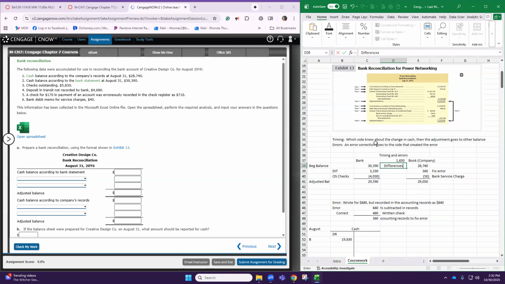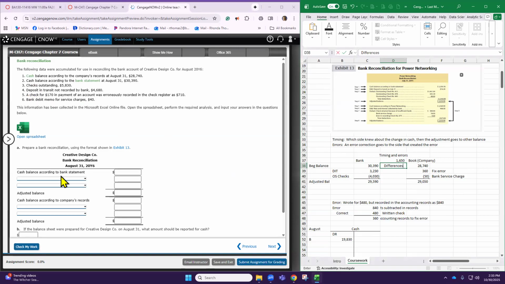Timing: which side knew of the change in cash? So when we look at the activity going on over here, we'll ask ourselves, which side knew about it? Whichever side knew about it, the adjustment goes to the other balance. And then errors. If you find an error, whichever side that error occurred on, that's where the adjustment goes. Now, an adjustment can be either an addition or a subtraction.